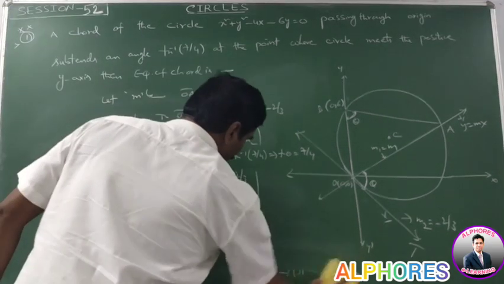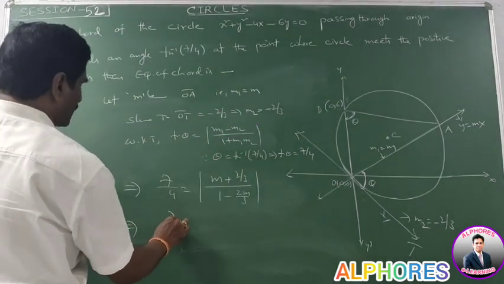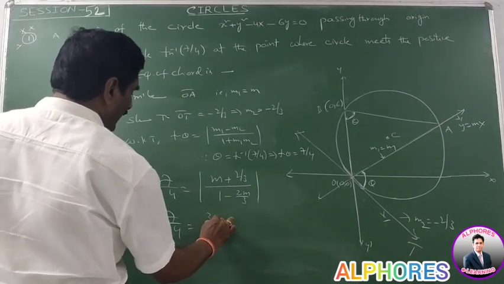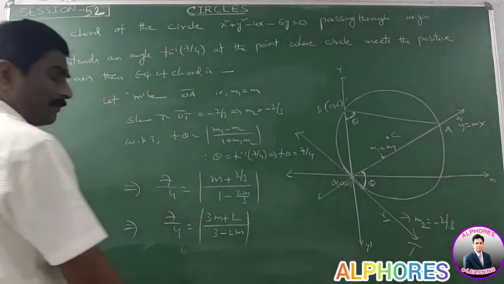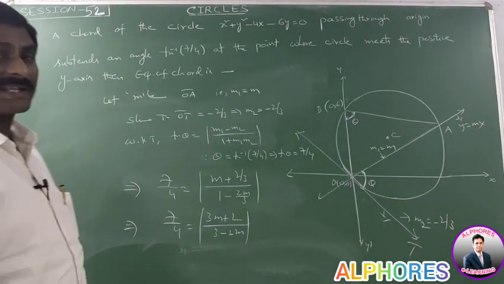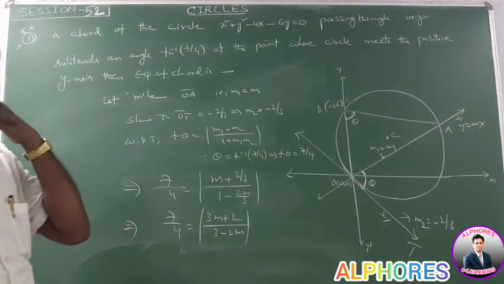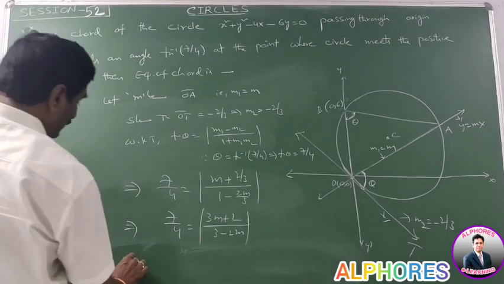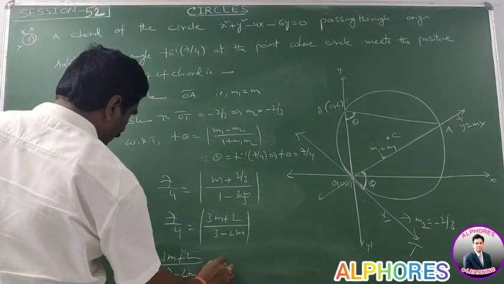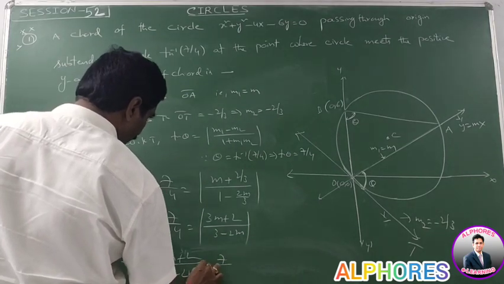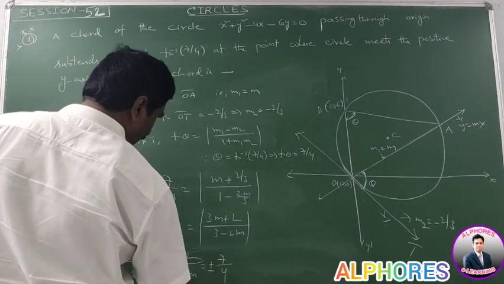That implies 7 by 4 is equal to mod of (3m plus 2) by (3 minus 2m). By removing the mod, if mod x is equal to a, what is the value of x? x is equal to plus or minus a. That means (3m plus 2) by (3 minus 2m) is equal to plus or minus 7 by 4.